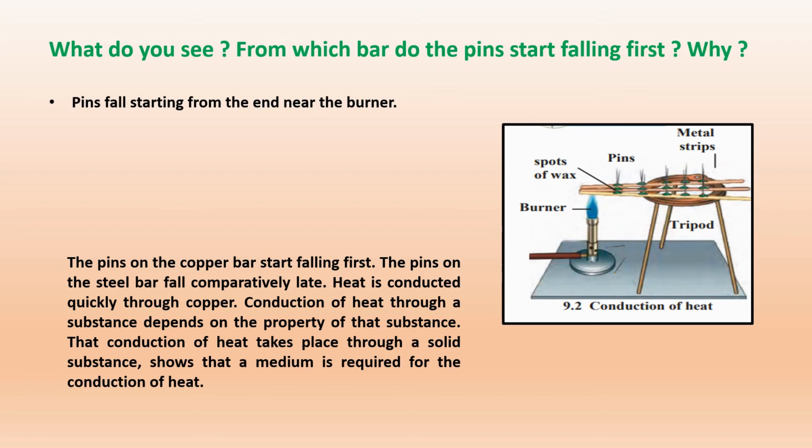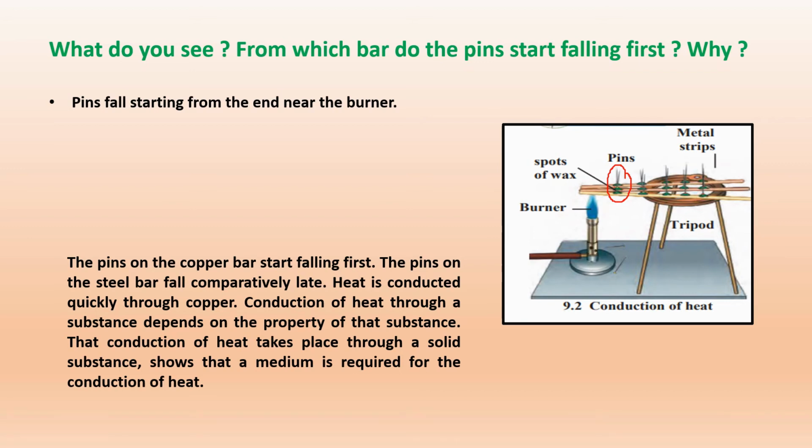So pins fall starting from the end of the bar which is near the burner. Now over here on the screen we see the image. In this image the pins which are attached with the help of wax near the part of the bar which is heated will fall first. Why?